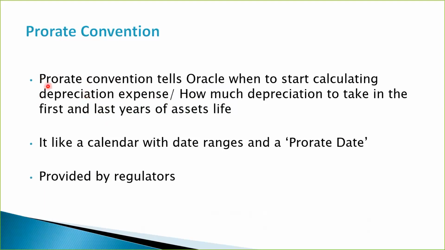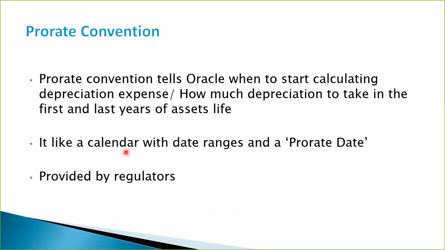We are calculating depreciation expense for each period in our financial year. So depending on when we acquire the asset, we need to know when we are going to start calculating the depreciation expense for that asset, and that is going to be given to us by the convention.